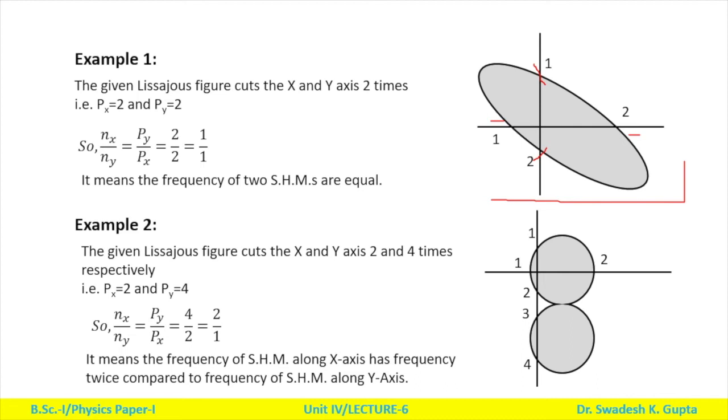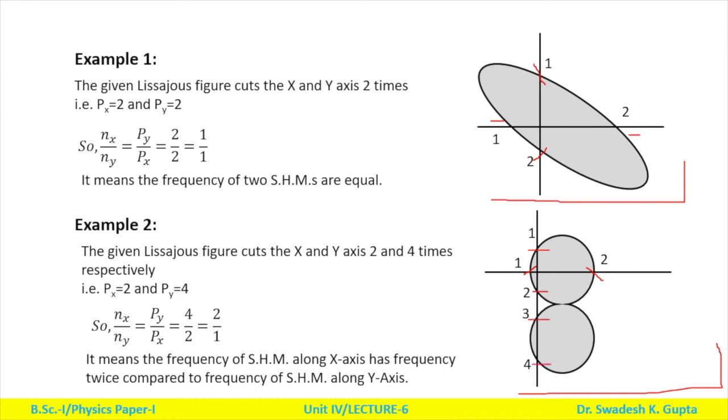Now coming to the second case, again draw x-axis and y-axis. If you see, on the x-axis it has intersects at 2 points, 1 and 2, while on the y-axis it has 4 cuts, 1, 2, 3, and 4.